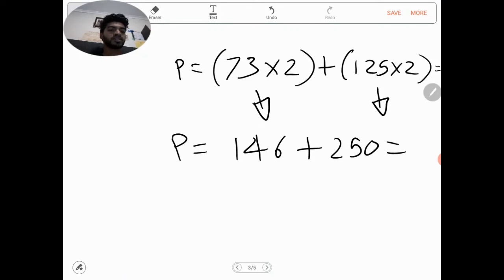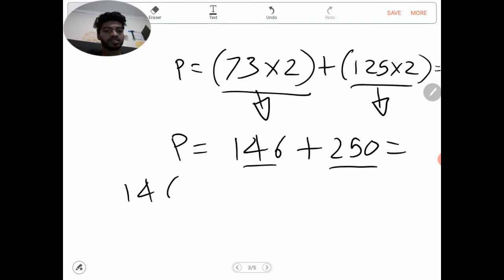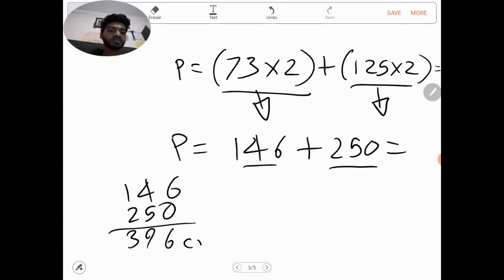Again, if you're confused about how I got 146, it was because I did this equation here, wrote it here, and for 250, it was this equation up here. Now we just add it together. 6 add nothing is 6. 4 add 5 is 9. 1 add 2 is 3. 396 centimeters is the perimeter.